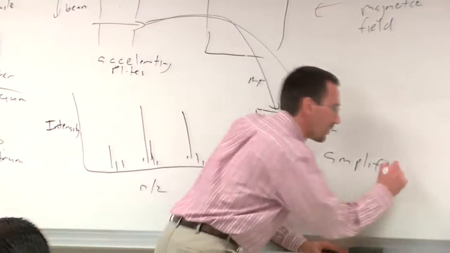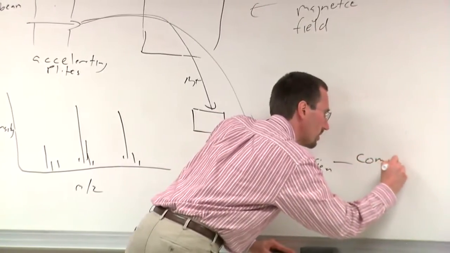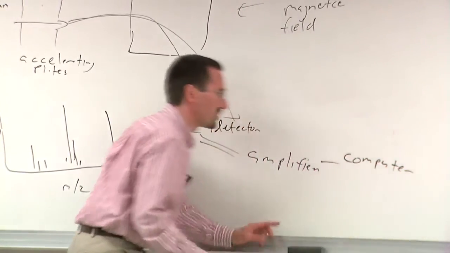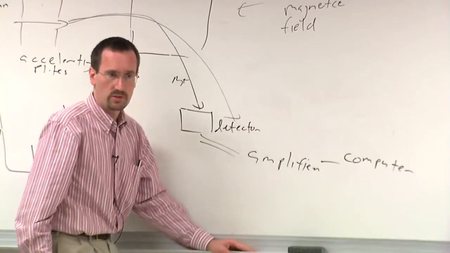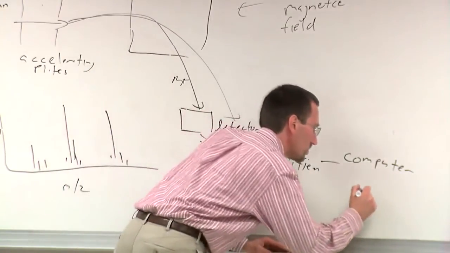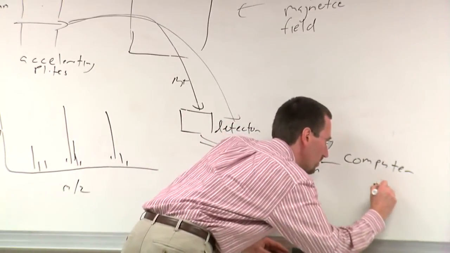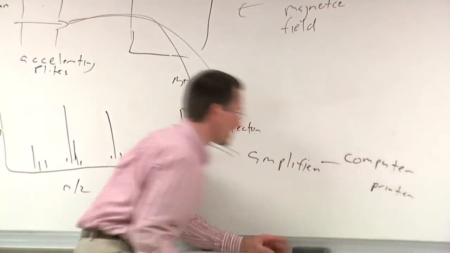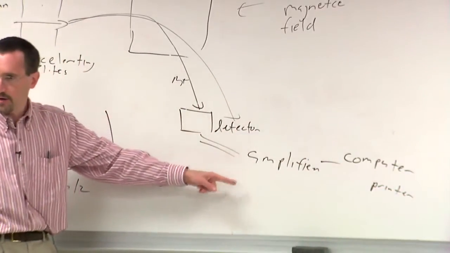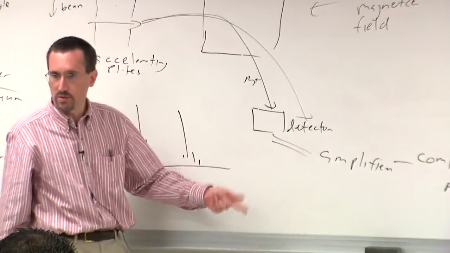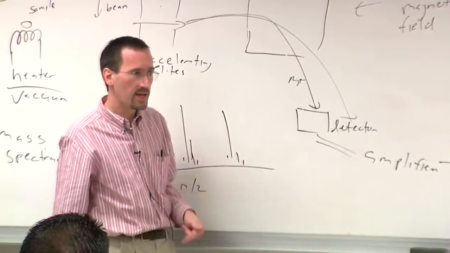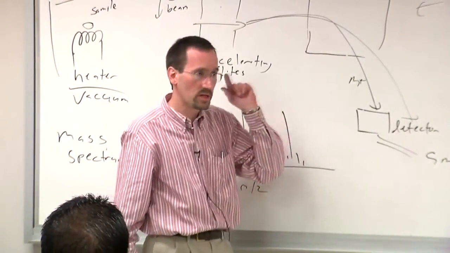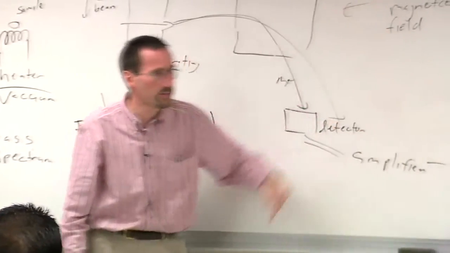Actually, in a modern system, it would go to an analog to digital converter, and then it goes to basically a printer. But in the oldest systems, of course, it would go to an amplifier and then a strip chart recorder, because you could literally just have a needle go, or another electrical signal, to write on a piece of paper.